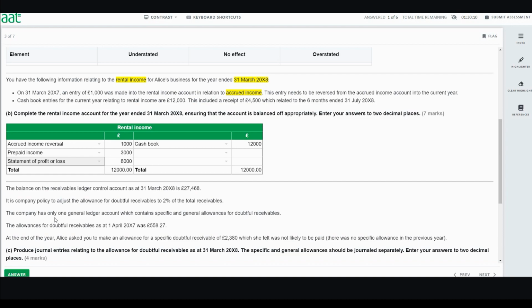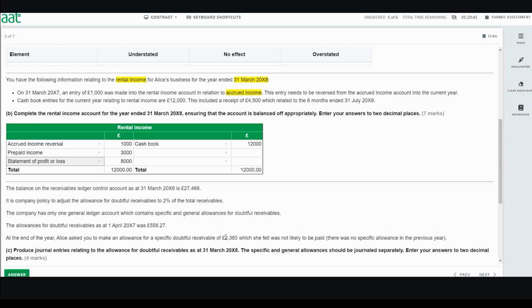The company has only one general ledger account which contains specific and general allowances for doubtful receivables. The allowance for doubtful receivables on 1st of April 2017 was $558.27.